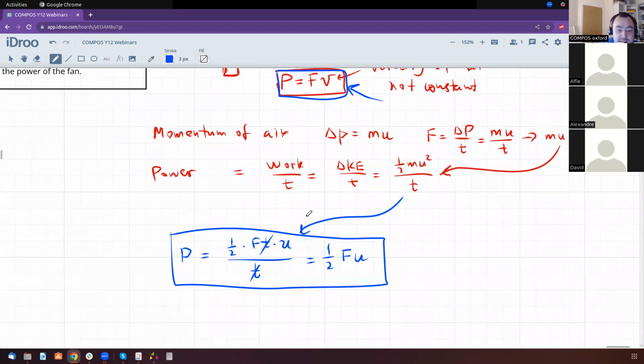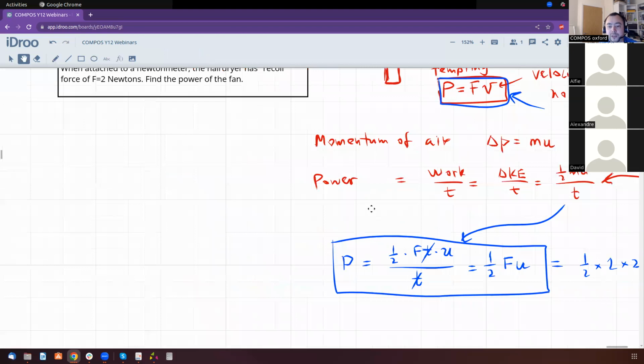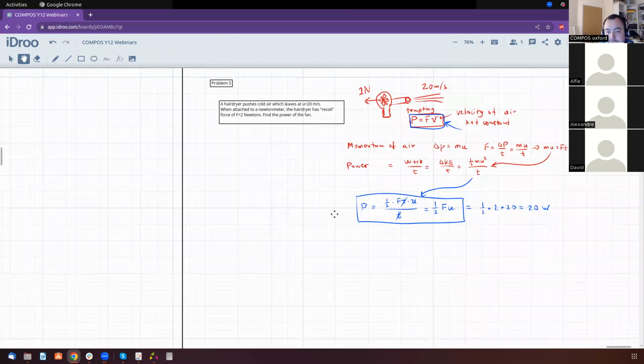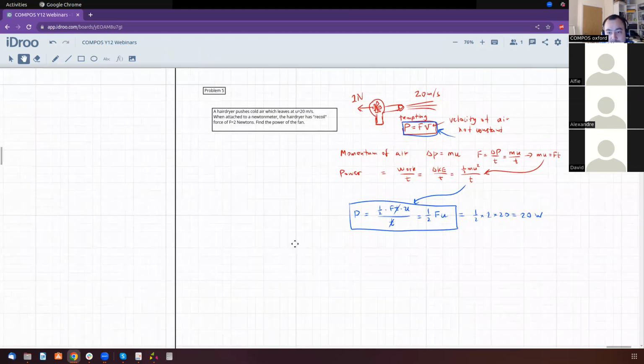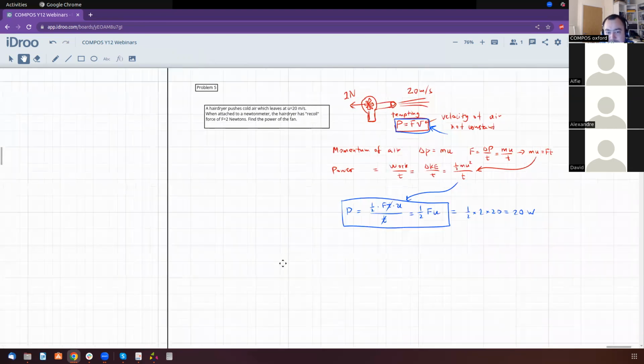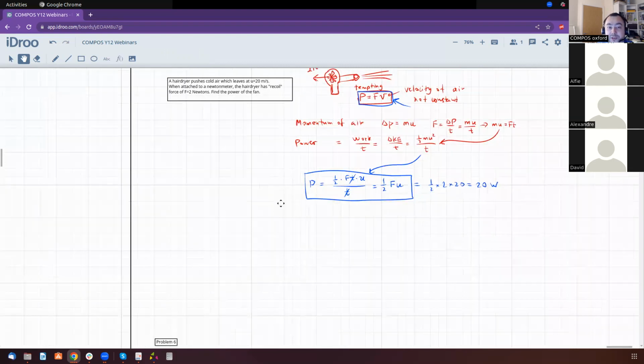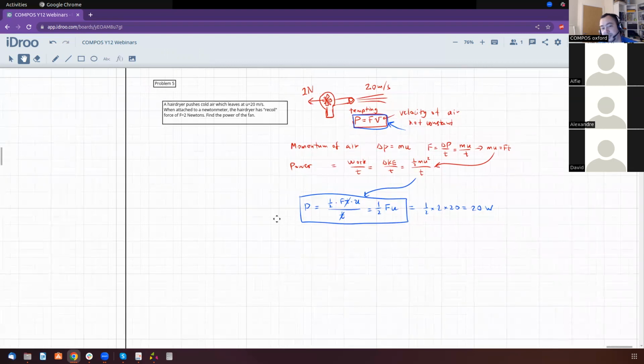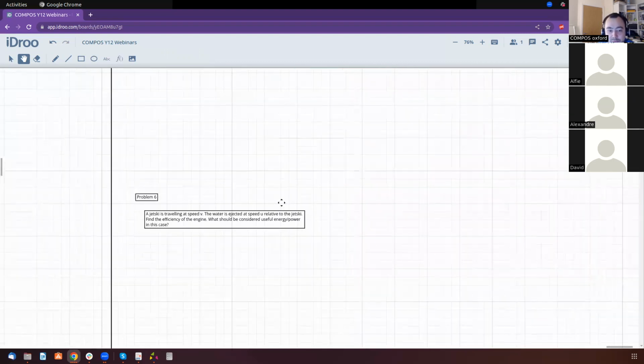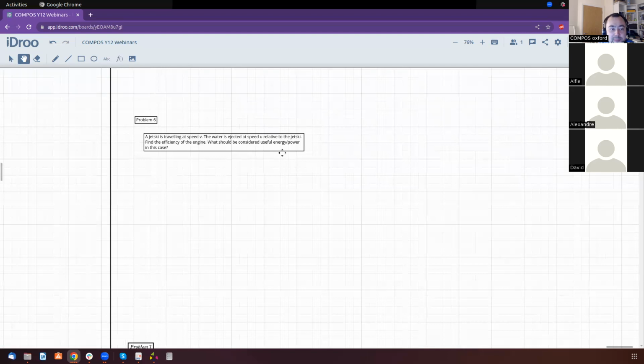Here the power is 1/2 multiplied by 2 times 20, which is 20 watts. 20 watts doesn't sound like a lot, but the fan doesn't produce much power. The power is produced by the heater, which uses way more power than the fan.